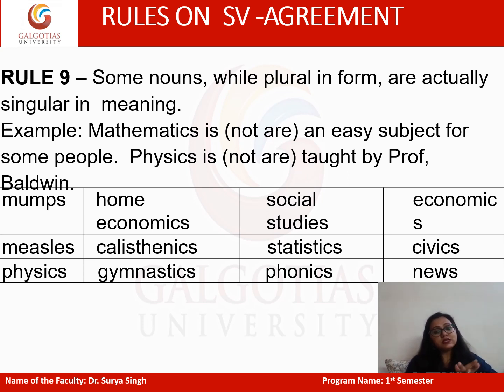These subjects are plural in form, but they are actually singular in meaning. For example, mathematics is an easy subject for some people. So with mathematics, we'll not use are. In the same way, physics is taught by Professor Baldwin. Physics again is not are. We have to keep this rule in mind and be very careful with the usage of such nouns.